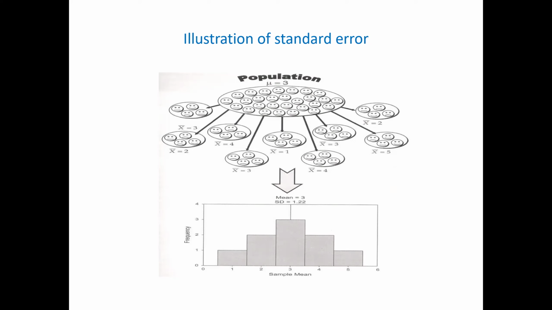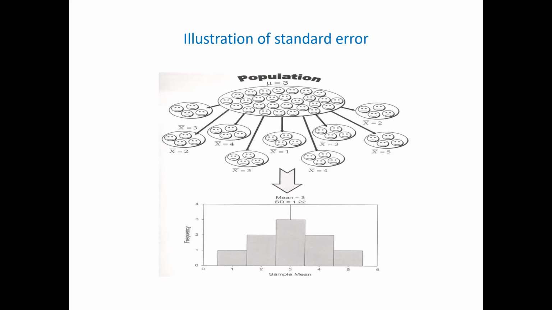Now, just an illustration of what I just said. Let's imagine we have a population, this big circle here. Let's say what you are seeing inside each household is the number of children in the household.